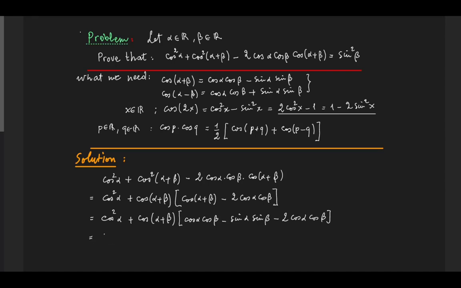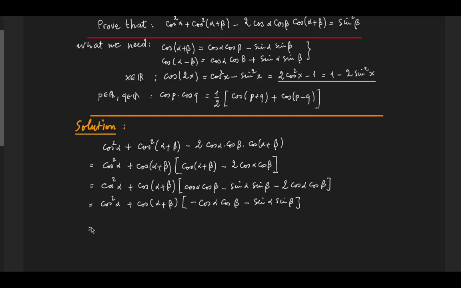Now it's cos squared alpha plus cos of alpha plus beta times cos alpha cos beta minus cos alpha cos beta minus 2 cos alpha cos beta. That's minus cos alpha cos beta minus sine alpha sine beta.